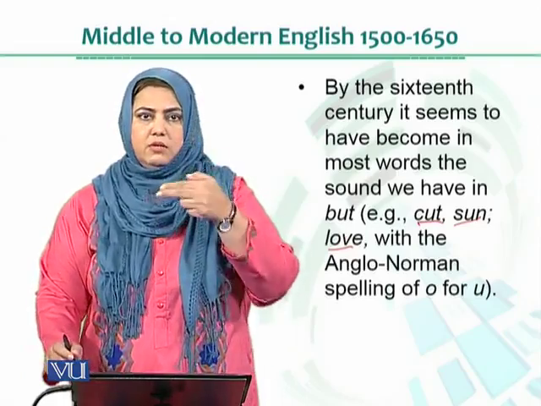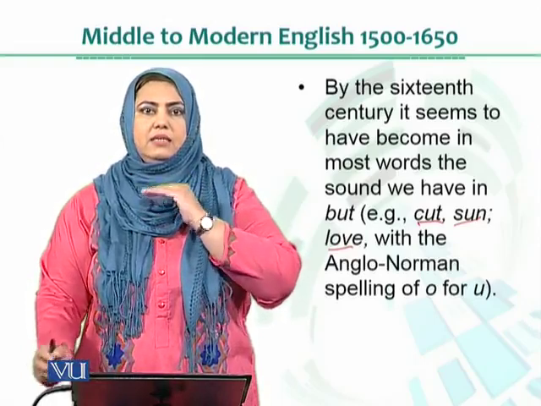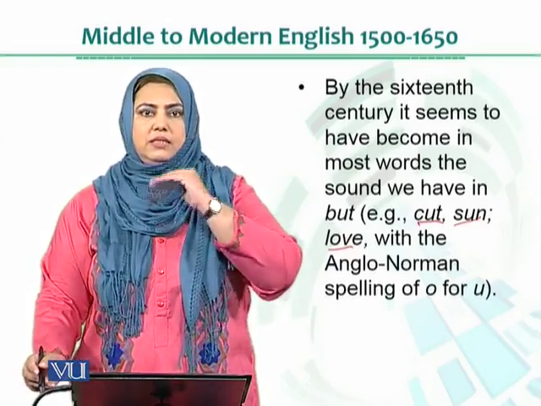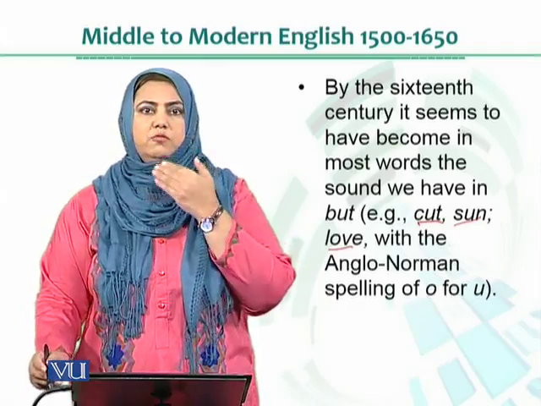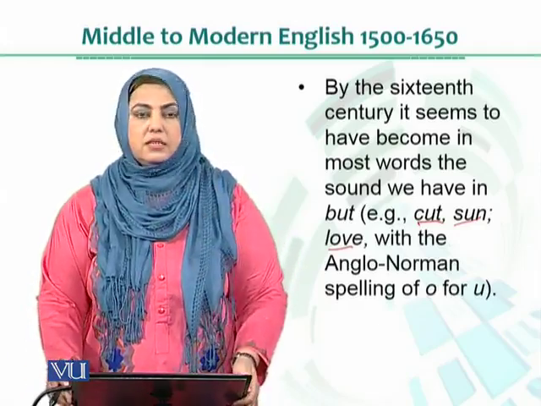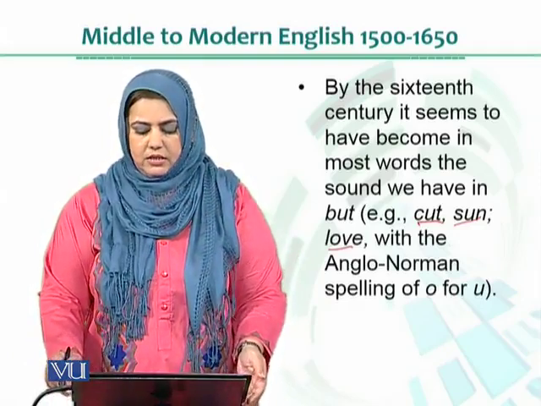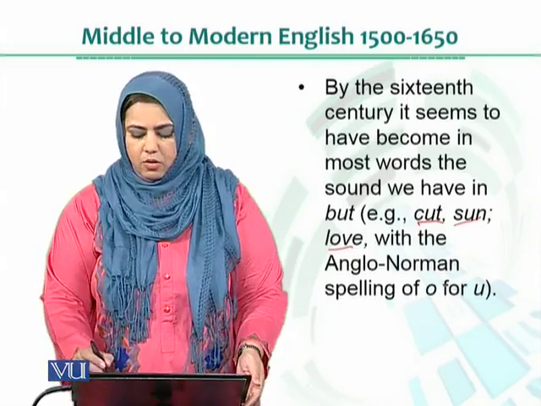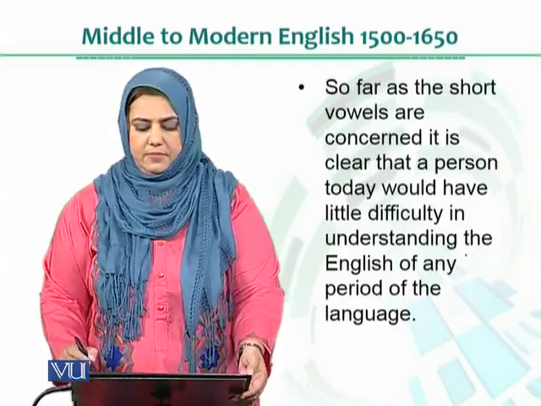Instead of rounding, it is unrounded. It goes back. It is not now in this shape. It is going straight. Notice your movement of the tongue as you pronounce it. Cut. So this is with an Anglo-Norman spelling of this one shifting to this one.